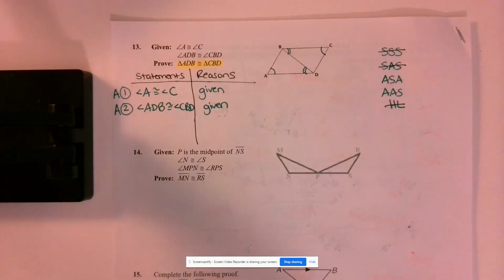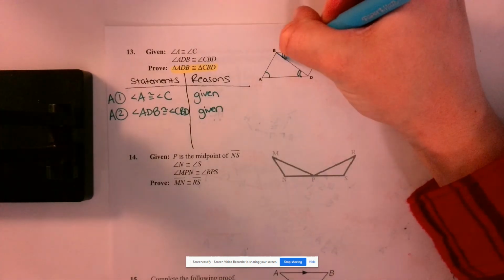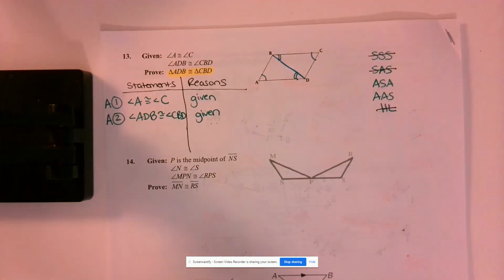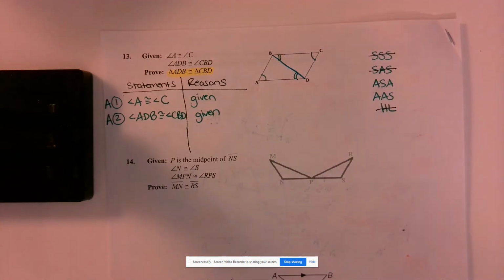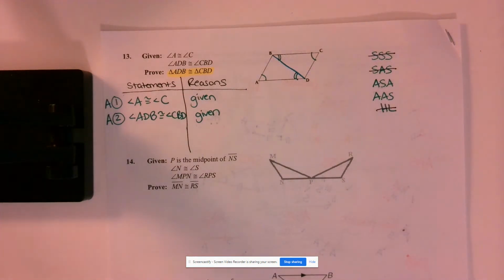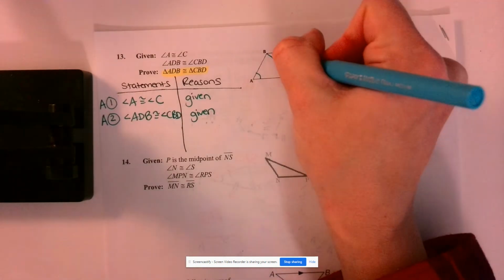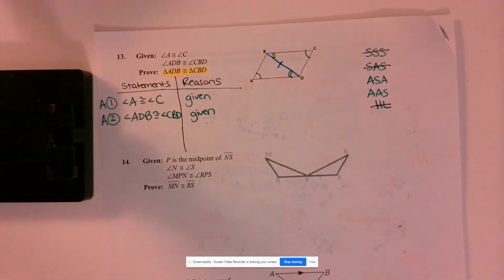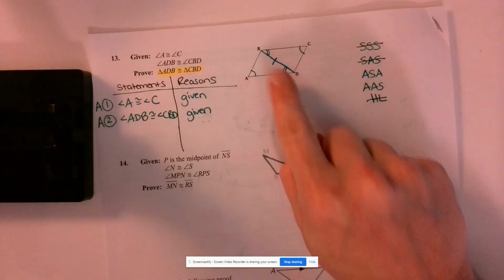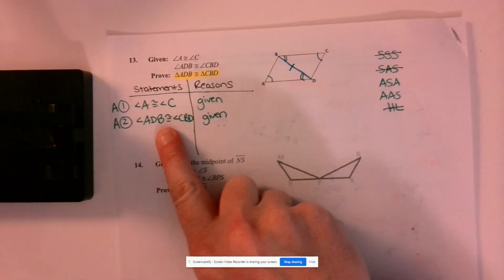Hopefully you notice that these 2 triangles share side BD as one of their sides of the triangle. And so this is a side that's congruent in both of the triangles. Line segment BD is congruent to itself. If I put it in my picture, I need to put it in my proof.